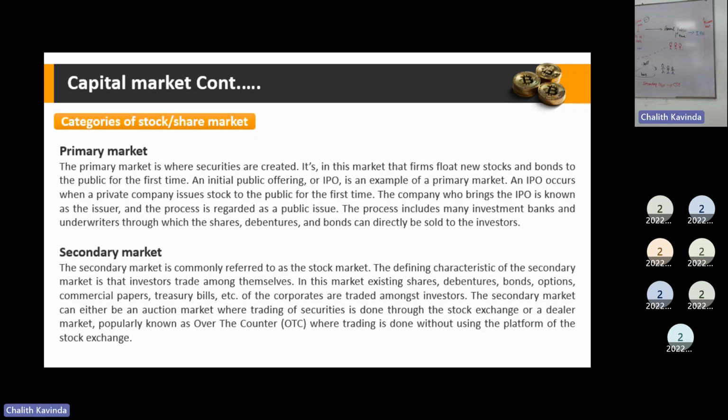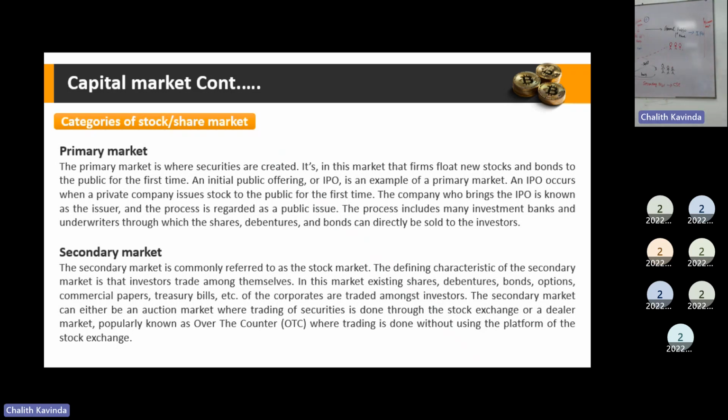My question is, are we having an active equity market or debt market? Equity market. As I remember, we are having an active equity market. But if you look at the debt market instruments, those are not very active.